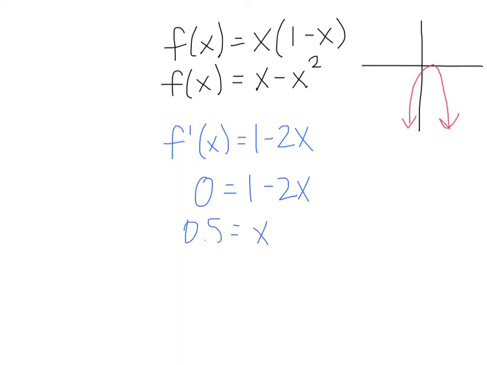And so we know that an x value of 0.5 is going to maximize our result. That gives us the largest possible value of x times 1 minus x, making 0.5 the largest numerator and thus the conservative approach to determining a sample size for a proportion problem.